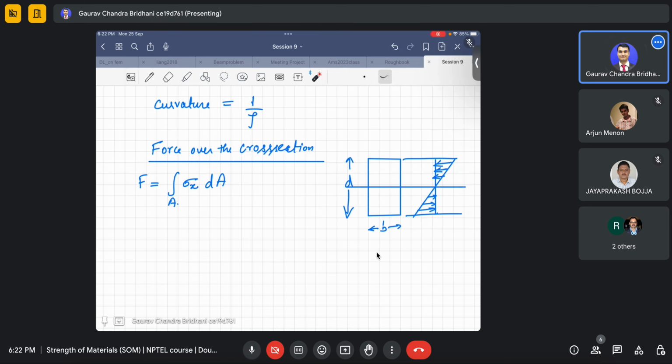What we do is equate the forces in the top portion of the beam and the bottom portion below the neutral axis. If you remember in the second lecture of last week, where the professor is solving a reinforced concrete beam problem, he has used the same principle to find first of all kd. kd is the depth of the neutral axis from the top fiber or the top surface.